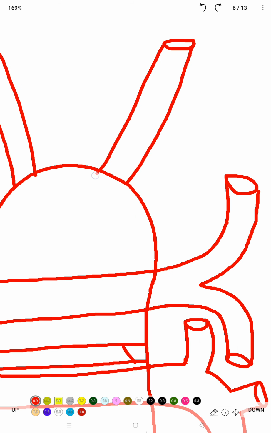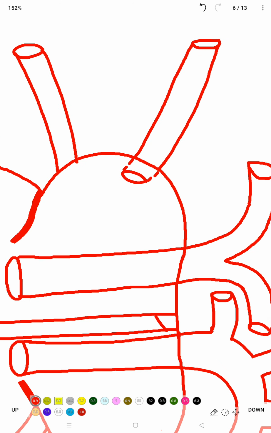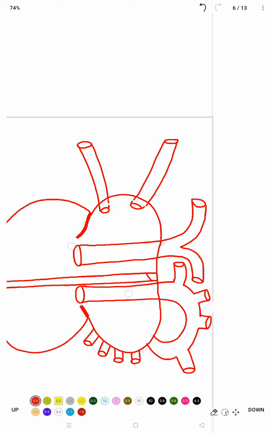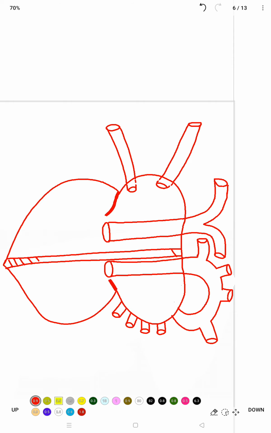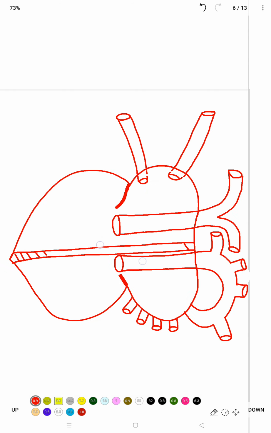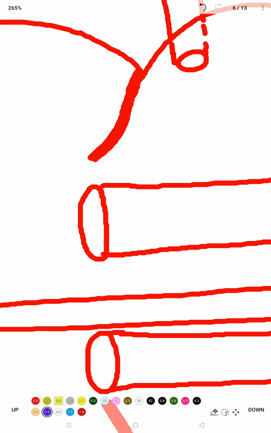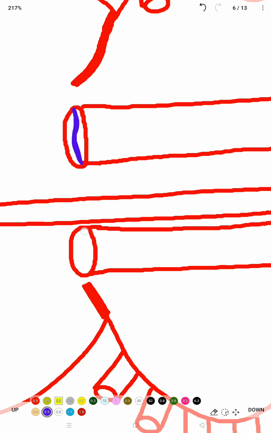Now, the superior vena cava opens at the right atrium, and the inferior vena cava also opens at the right atrium. Okay. Now, here one more valve is present, that is the semilunar valve, which is half moon shaped and present at the opening of the pulmonary artery and at the opening of the aorta, like this.